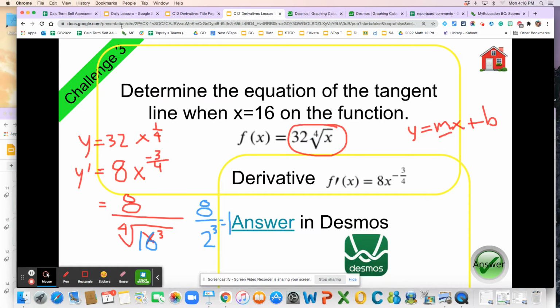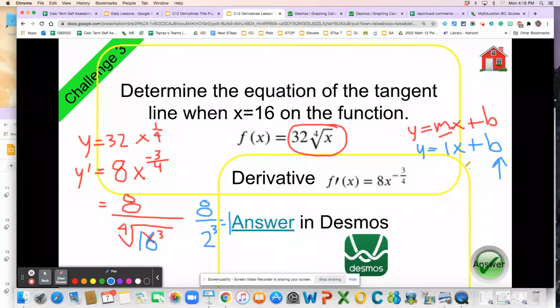Basically, at this point, we know we could rewrite this equation as y equals 1x plus b. In order to find the y-intercept, if we knew what the x value and the y value were, we could find b. That's exactly what I'm going to do.